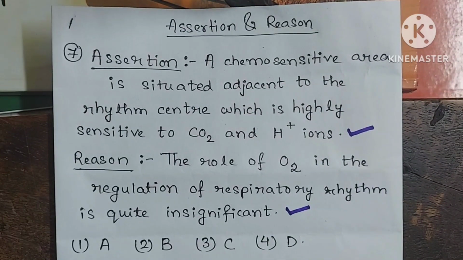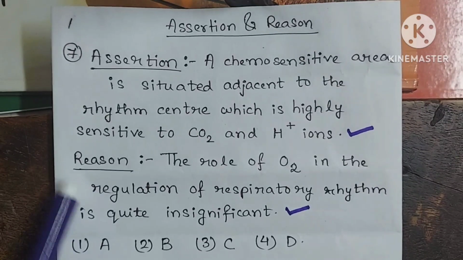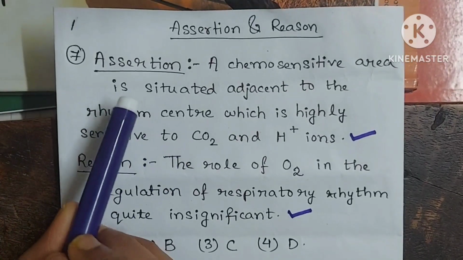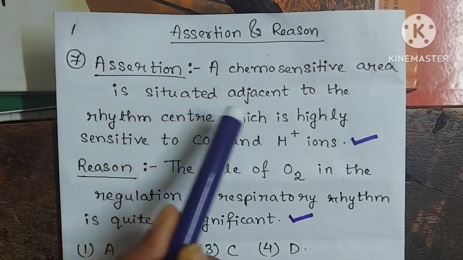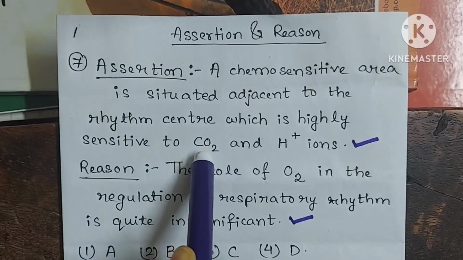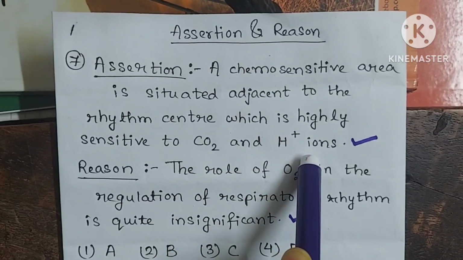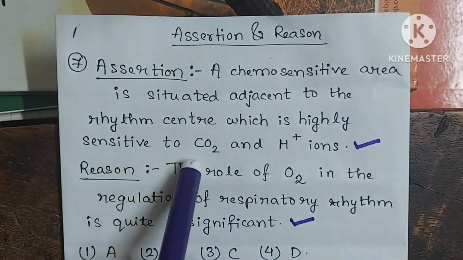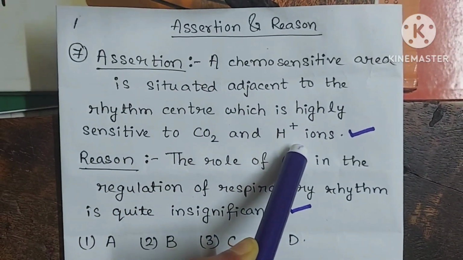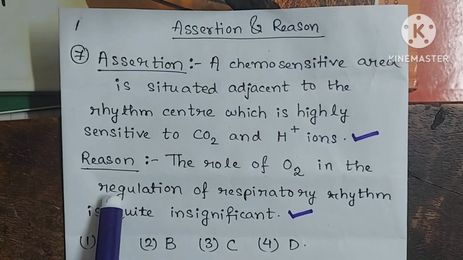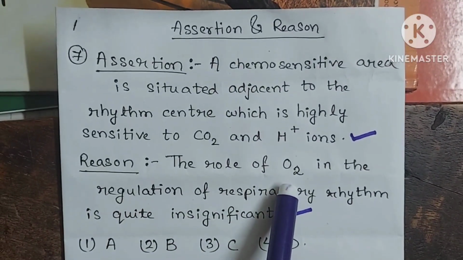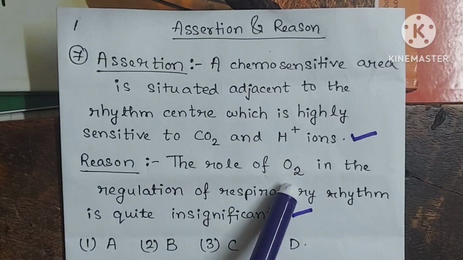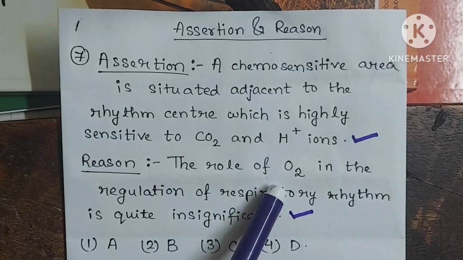Now, is the reason the correct explanation of the assertion? Think and say. In the assertion, they are talking about the high sensitivity of the chemosensitive area towards carbon dioxide and H plus ions. And in the reason part, they are talking about the role of oxygen. Carbon dioxide and oxygen are totally different things.